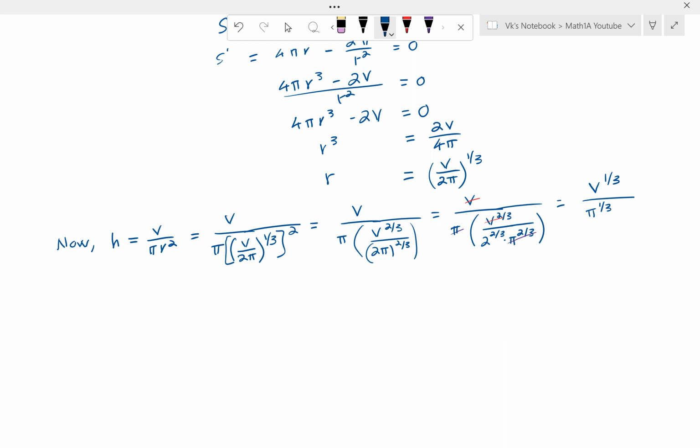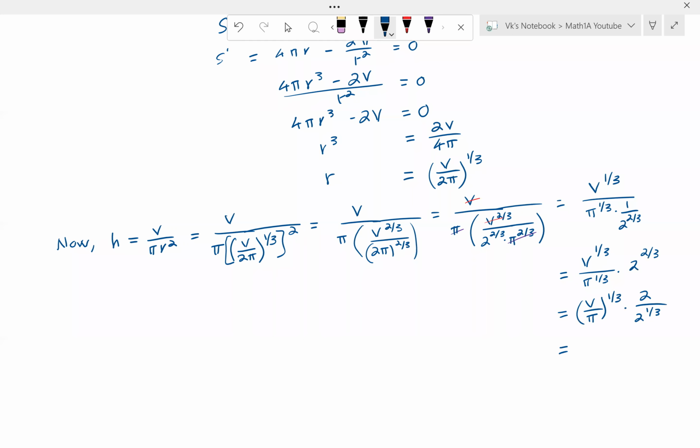And the 1 over 2 to the 2 over 3, okay, so that one we can flip it. So that we have v to the power 1 over 3 over pi to the power 1 over 3 times 2 to the 2 over 3. Oh, look at this thing here. V over pi to the power 1 over 3. And then 2 to the 2 over 3 can be written as 2 over 2 to the 1 over 3.